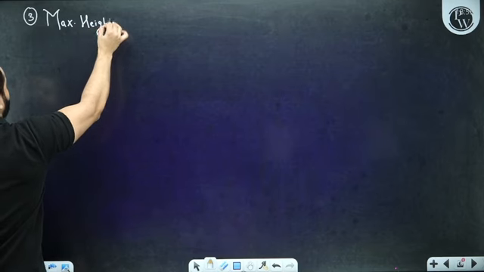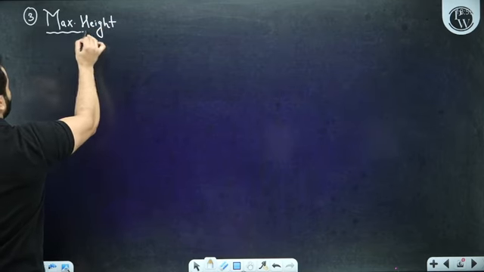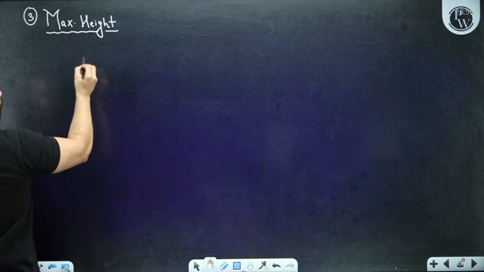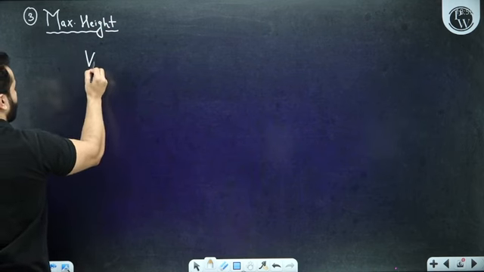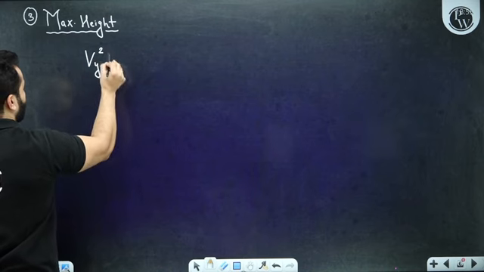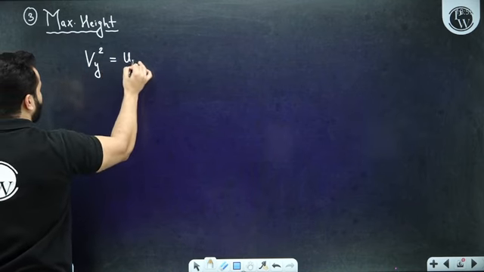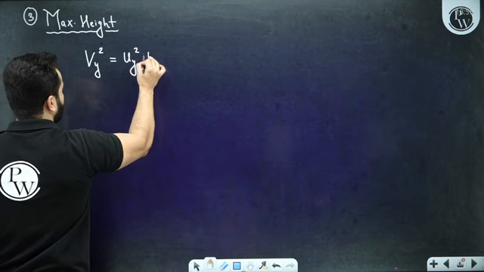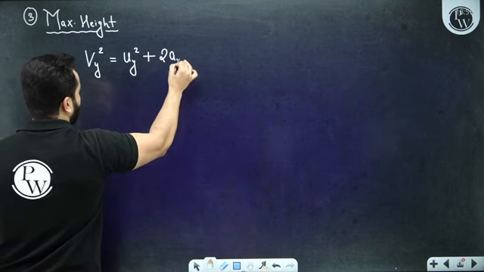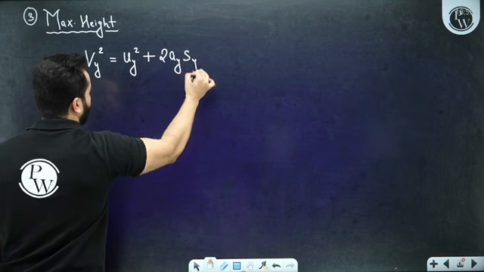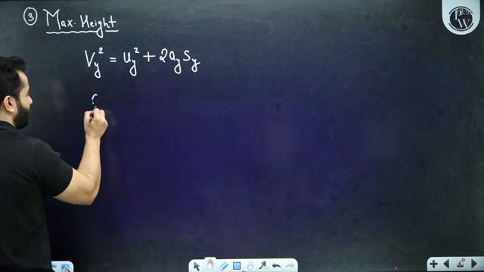So for maximum height, what we are going to do is, again we are going to use the equation along y axis, and now we are going to use the third equation. Vy will obviously become 0.